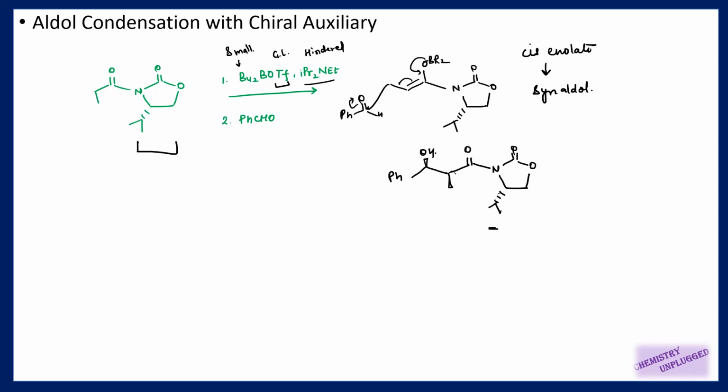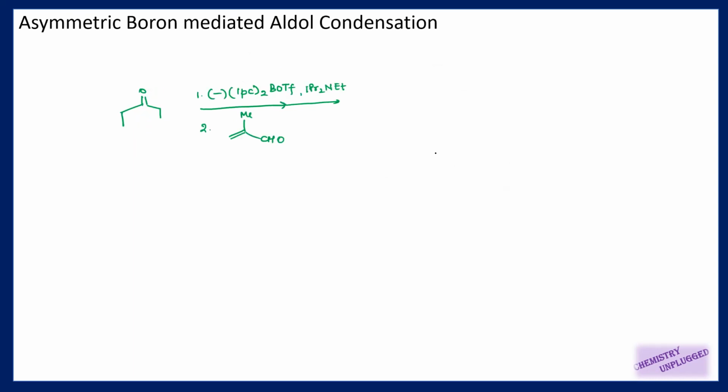Next reaction is asymmetric boron mediated aldol condensation. We have used different boron reagents in the previous reaction. This time we have diisopinocampheyl boron triflate, IPC2BOTf. So we can have minus IPC or we can have plus, right? Both of these will give us syn aldol product.